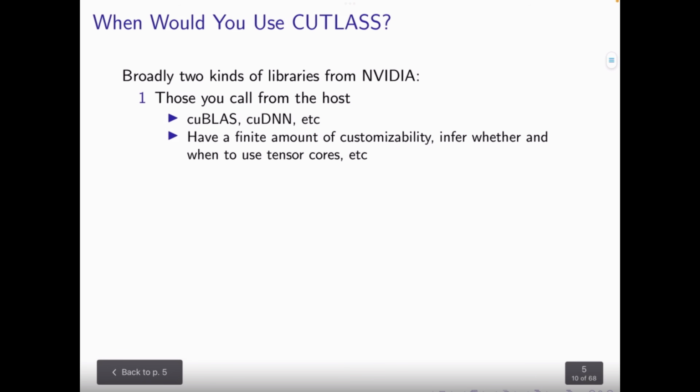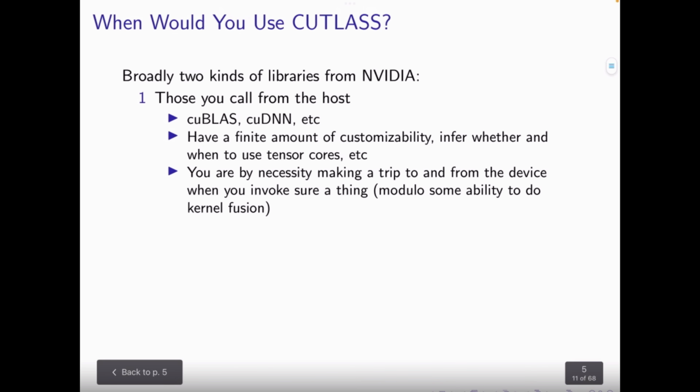So these libraries will infer whether and when to use tensor cores, for example. They do a lot of the work for you, and they're very good for very straightforward applications, is my understanding. I've not used them a lot, but of course, when you invoke such a function, you are making a trip from and to the device, so you have to know that you're doing that.